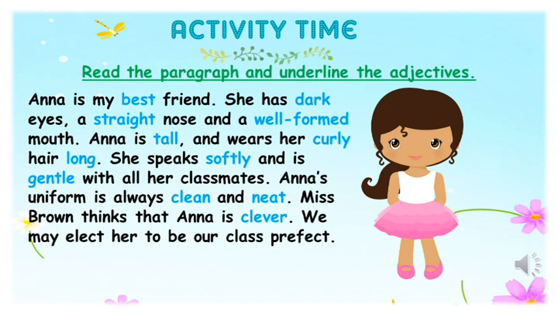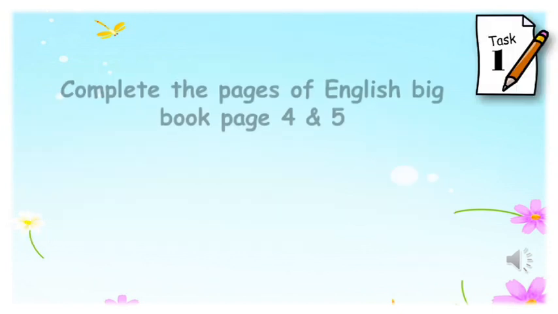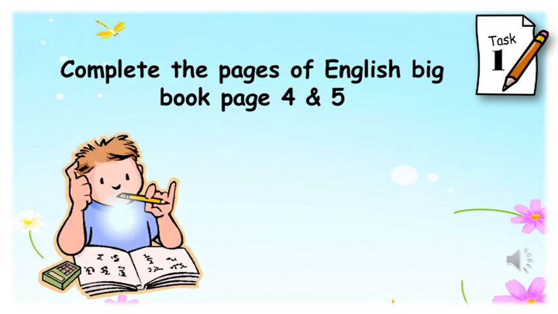Those are some words that I took out from that paragraph. I hope that you also have noted some. Now here comes the task of the day. You will be having two tasks. The first one is to complete the pages of English Big Book, pages 4 and 5.